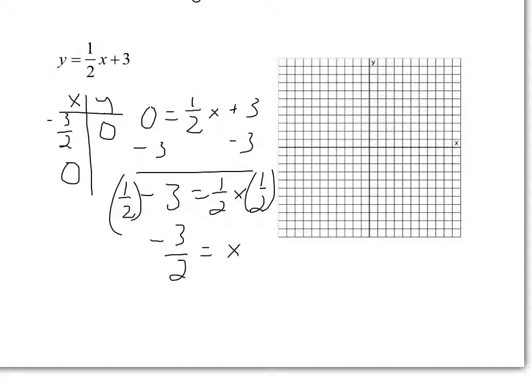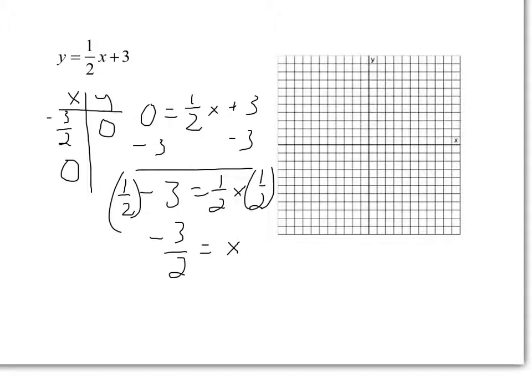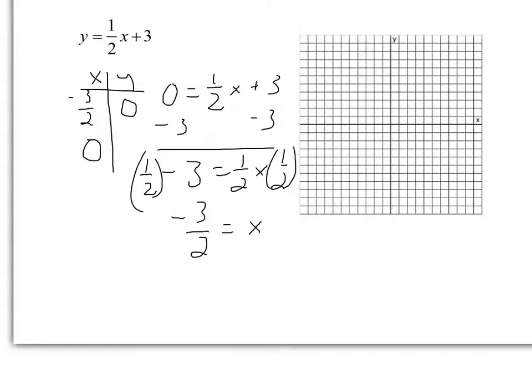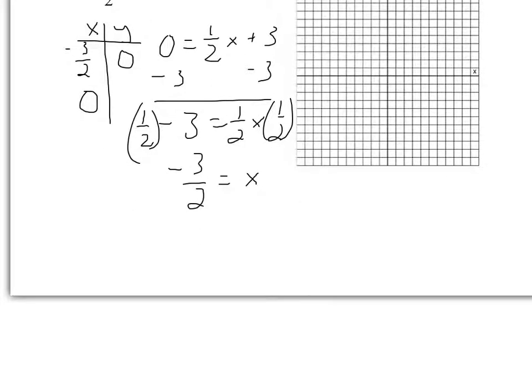Next, I will put 0 in place of x and see what I get. So y equals 1/2 times 0 plus 3. 1/2 times 0 is just 0, so y equals 3. So let's graph this one. Whoops, let's put 3 over here for y first.